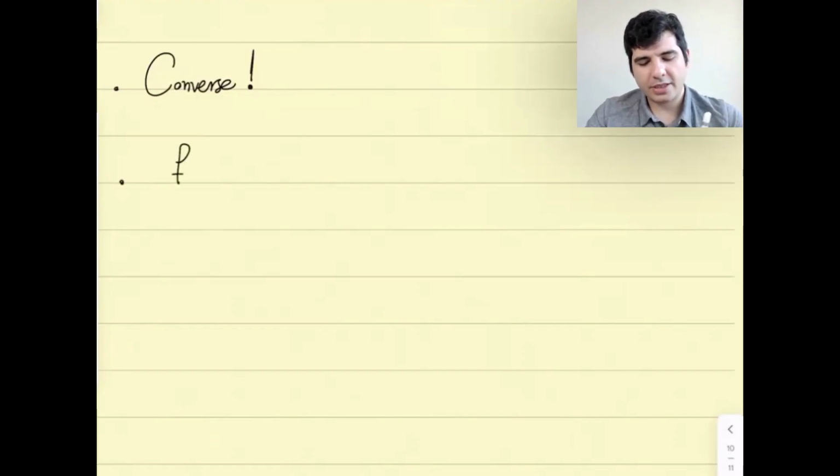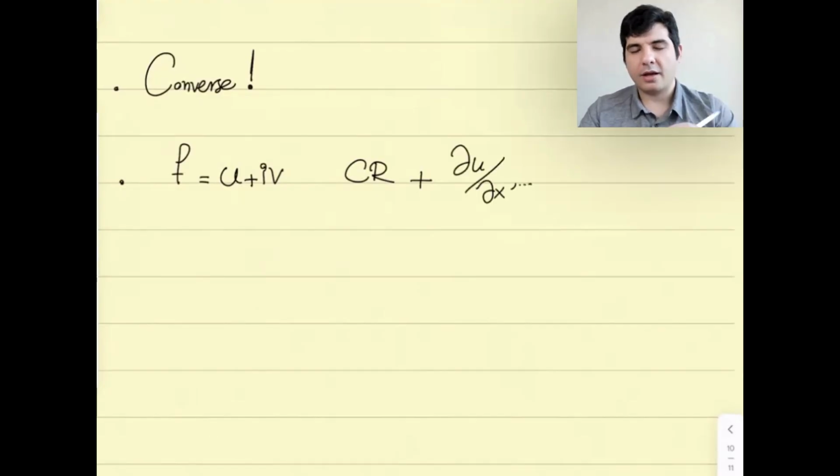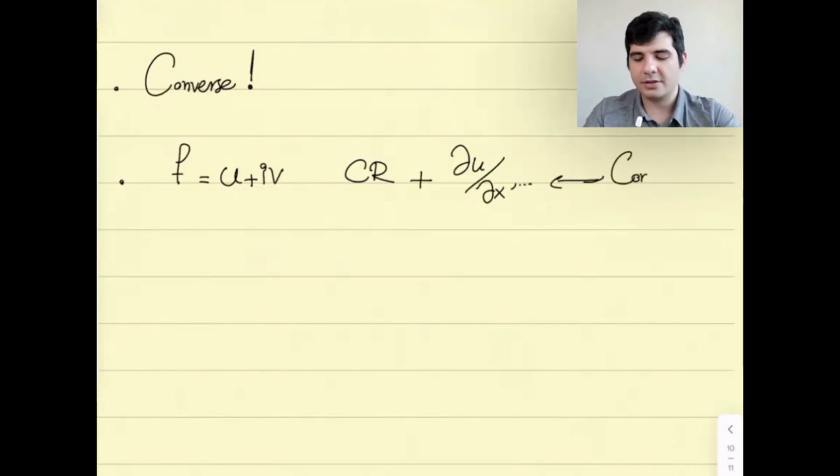If you have a function f equals u plus iv, where u and v satisfy the Cauchy-Riemann equations, and something else to be careful about, it's important to have the assumption that the partial derivatives of u and v with respect to x and y, as functions, are continuous. If we have both of these, this would imply f is complex differentiable.